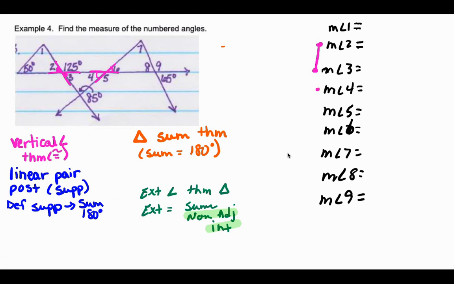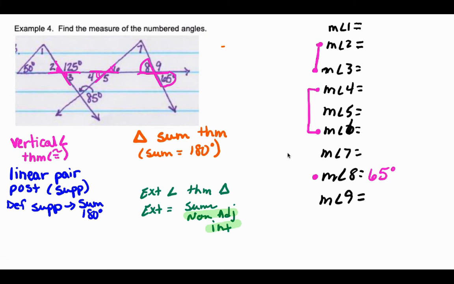So whatever I get for angle 4, I'm going to use the same thing for angle 6 because of vertical angles. And we have one more set of vertical angles. So our last set of vertical angles is over here at the far right side. That angle 8 and this 65 degrees are vertical angles. So our angle 8 is 65 degrees.